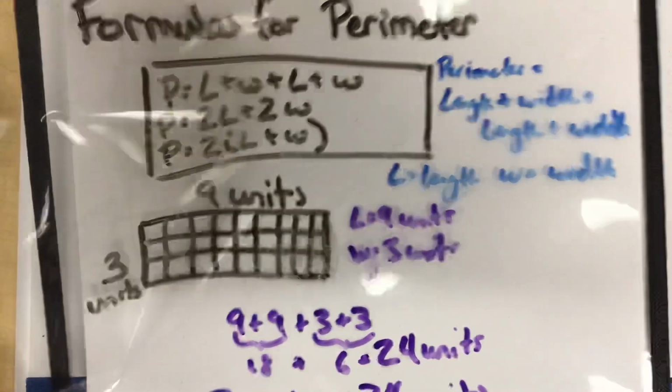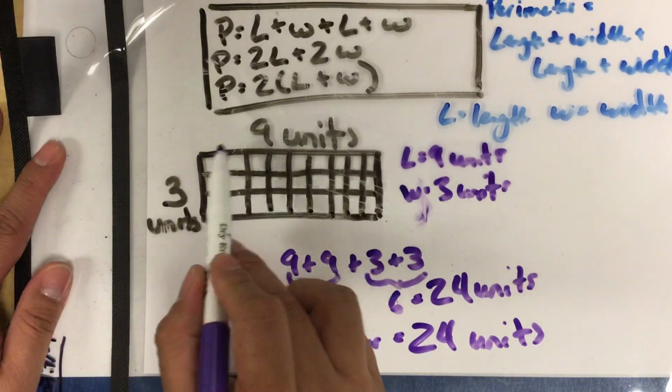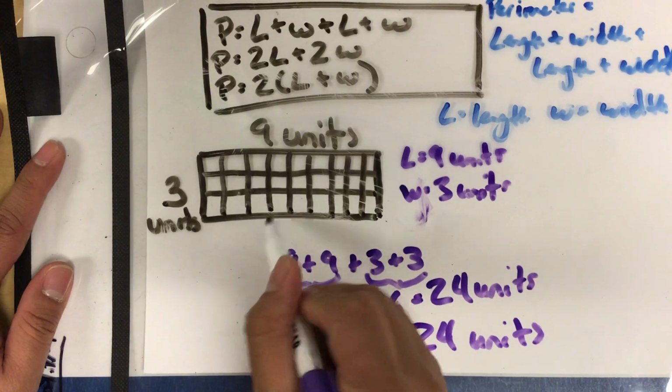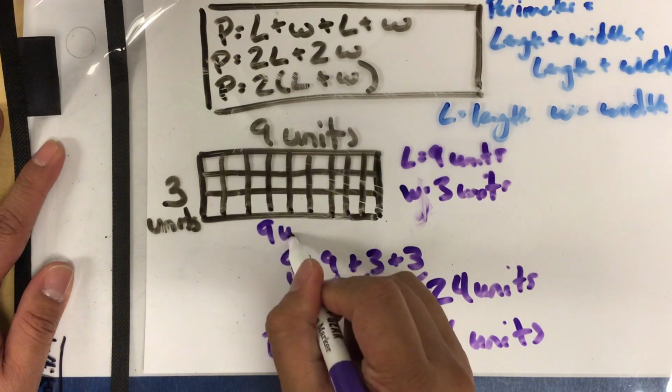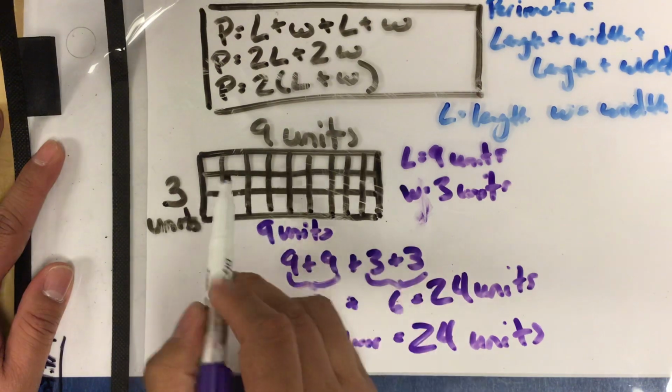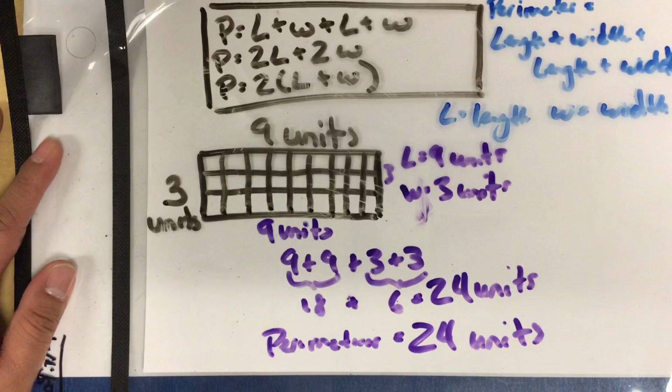Okay? Remember, when we're looking at a rectangle, the top and bottom are always the same. So if that's 9 units, this is 9 units as well. And over here, if that's 3 units, this is going to be 3 units as well.